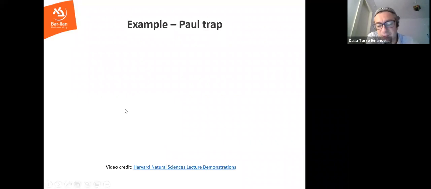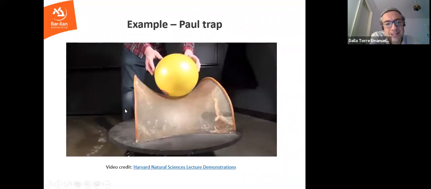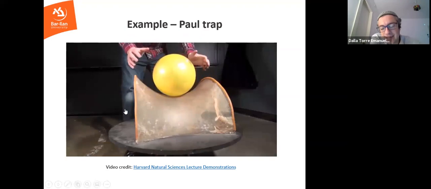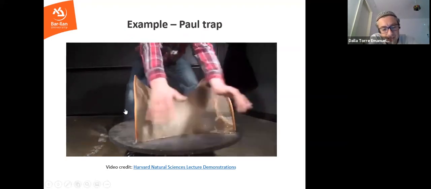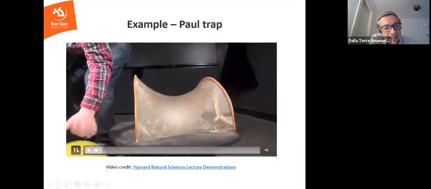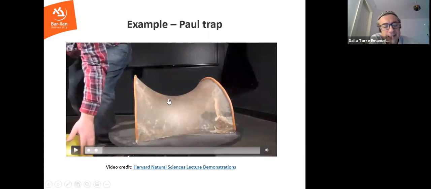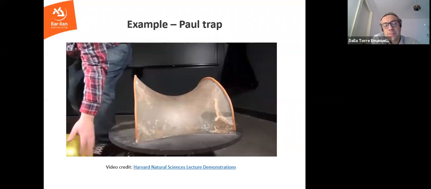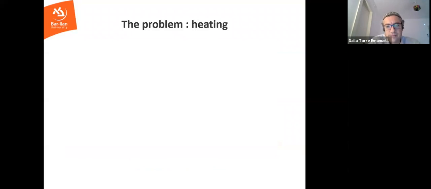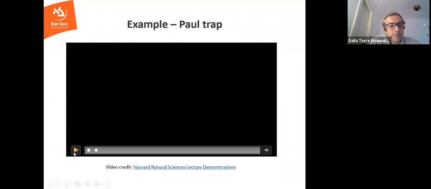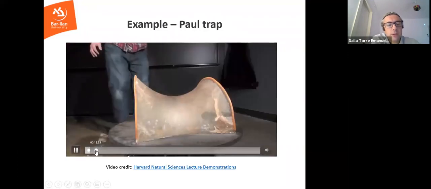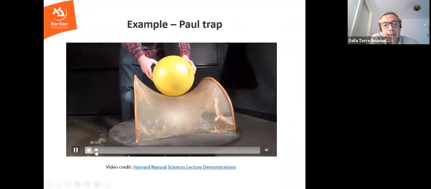So let me give you an example. This is a beautiful physics demonstration that explains this idea, in which you start from a saddle. You have a saddle, and clearly the saddle is not sufficient to trap a ball. The ball will always fall in one direction. And now we are going to use a periodic drive to actually create a trap.